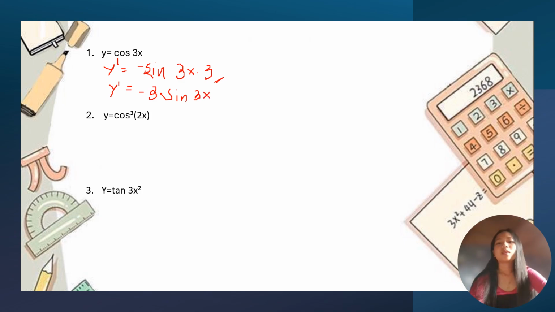So the answer for the given y equal to cosine 3x is y prime is equal to negative 3 sine 3x. Do you understand, class?